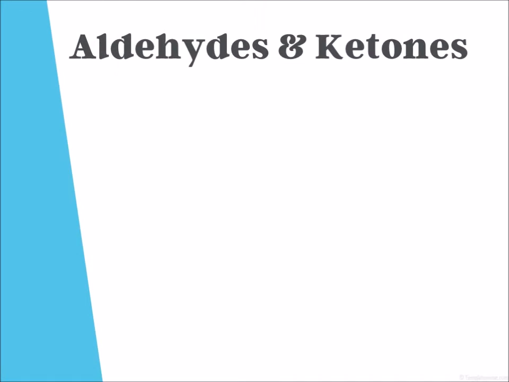The next functional groups that we are going to talk about are aldehydes and ketones. These two are clumped together because they both contain carbonyl groups. A carbonyl group is a group with a carbon atom that has a double bonded oxygen.